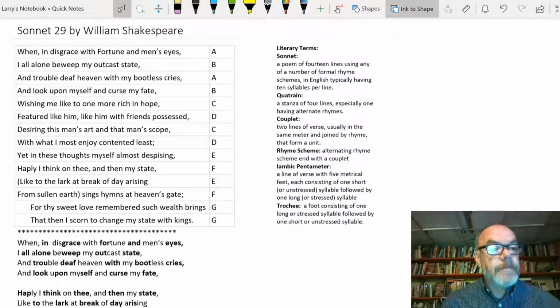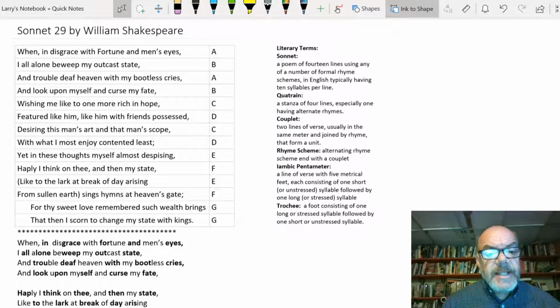Sonnet 29. When, in disgrace with fortune in men's eyes, I all alone beweep my outcast state, and trouble deaf heaven with my bootless cries, and look upon myself and curse my fate, wishing me like to one more rich in hope, featured like him, with friends possessed, desiring this man's art and that man's scope, with what I most enjoy contented least.